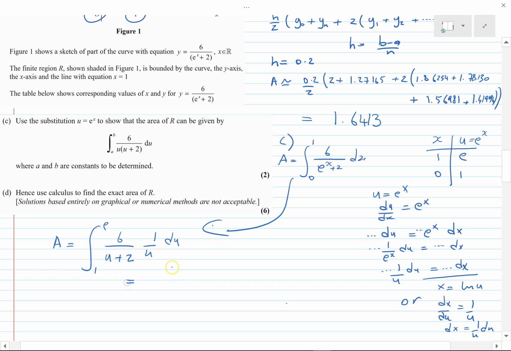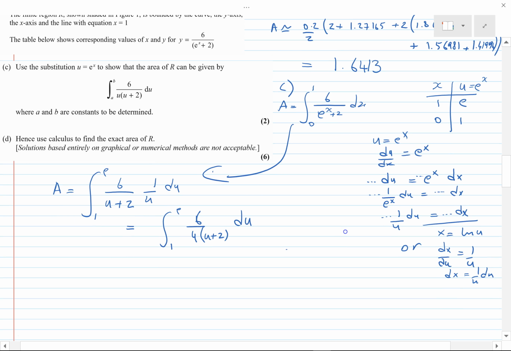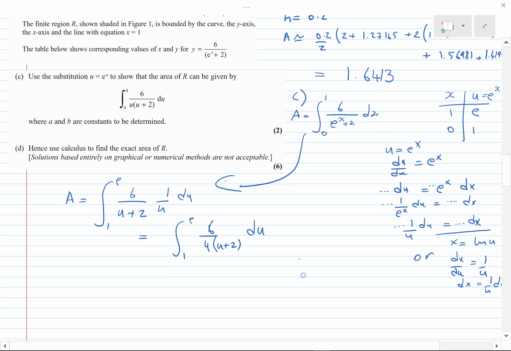We've got the integral from 1 to e of 6 over u times u plus 2 du. Okay, so that's part C. Pretty simple, really. There's only 2 marks, so I don't think we have to do too much.